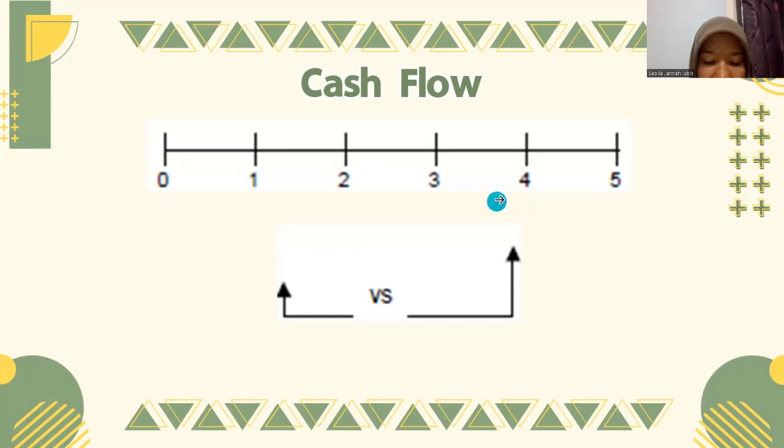Next, the image shows the sign of receipt or expenditure. For receipt, the arrow will point upward, whereas for expenditure, the arrow will point downward. The upward arrow is positive, and the downward arrow is negative.